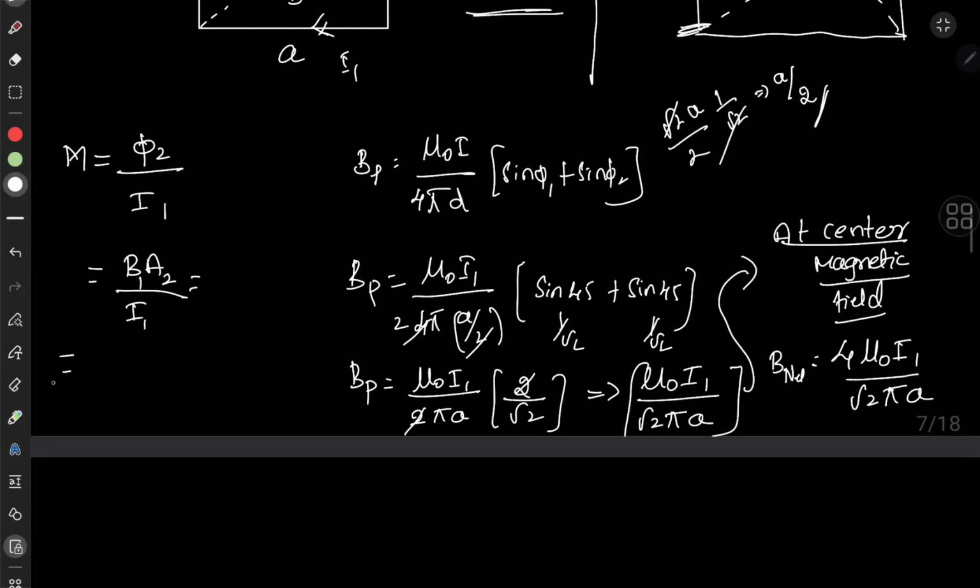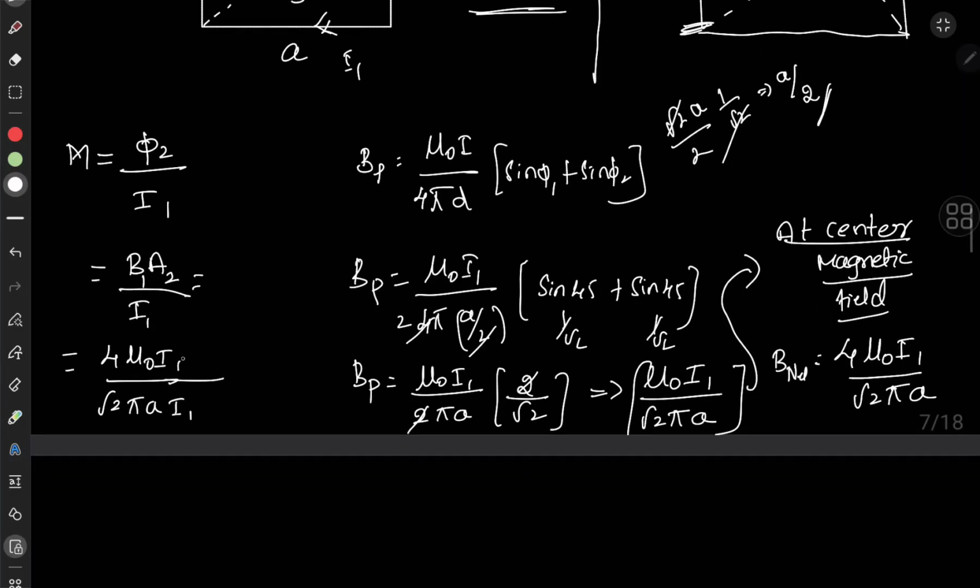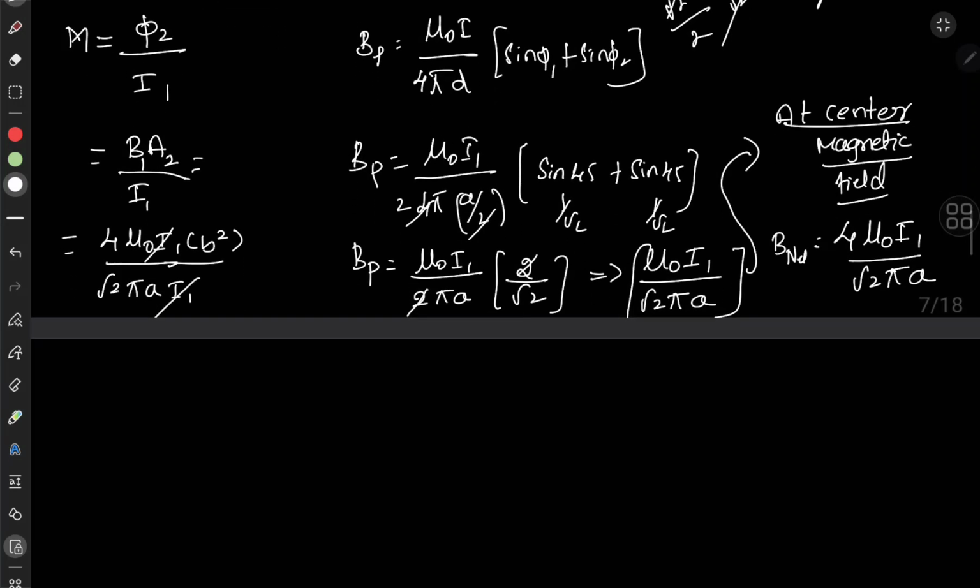What is B here? We can write B as 4 into mu naught I1 divided by root 2 pi a, where I1 is the current flowing, and here A2 is the area. Area we can easily write as a square. Then I1 cancels. So capital M, the mutual inductance, is going to be 4 mu naught a square divided by root 2 pi into a.